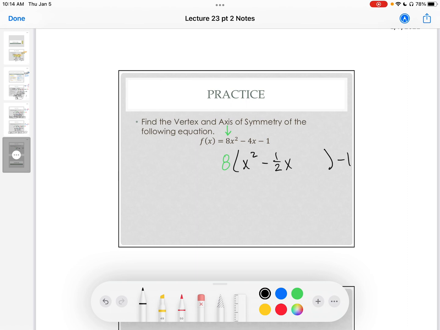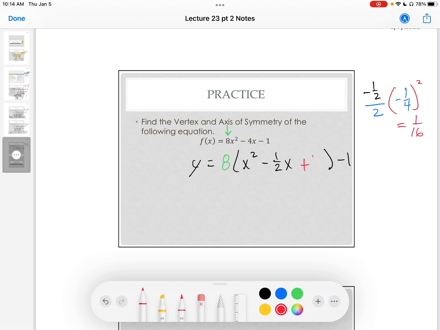Okay, so this one is going to be a little trickier. Stay with me, though. I've got a negative 1/2, and I need to divide that by 2. Negative 1/2 divided by 2 ends up giving me negative 1/4. And negative 1/4 squared ends up giving me 1/16.